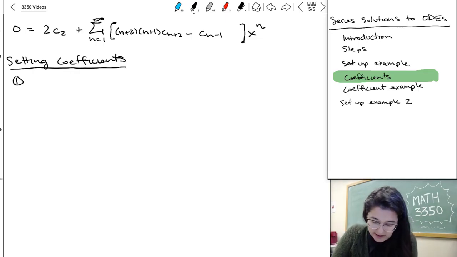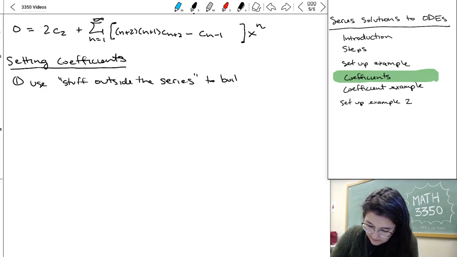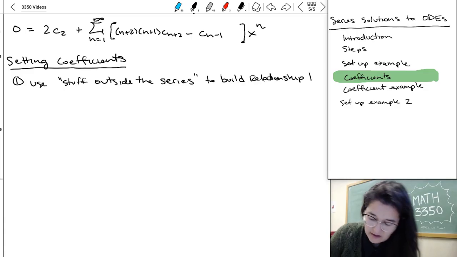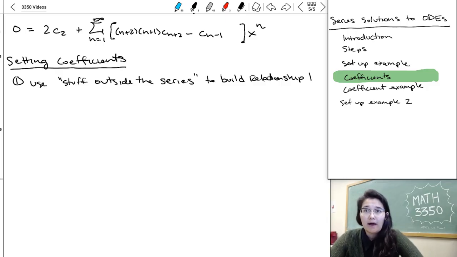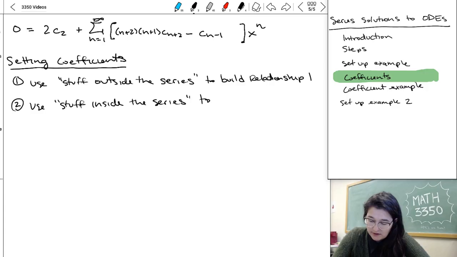So what we're going to do is we're going to use stuff outside the series to build relationship 1. And then we'll use stuff inside the series to build relationship 2.